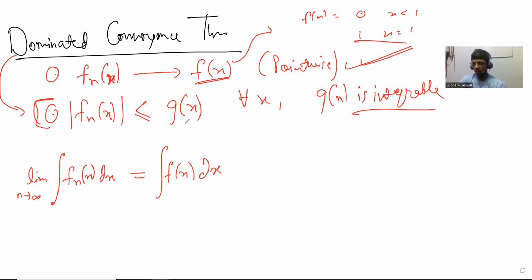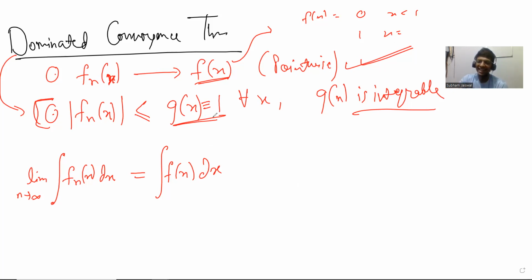And what should you take as your g(x)? You can take anything. You can take actually f(x) itself in this case. No, no, no, you cannot. Sorry. You cannot take it to be f(x). What can you take? You can just take g(x) to be the constant function 1. It's integrable, and then you can do it. Done.